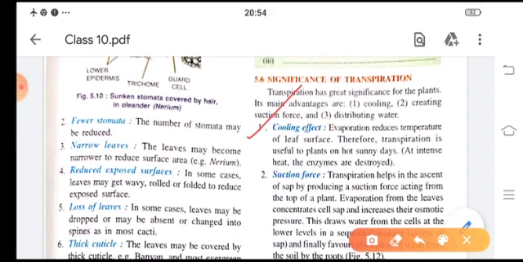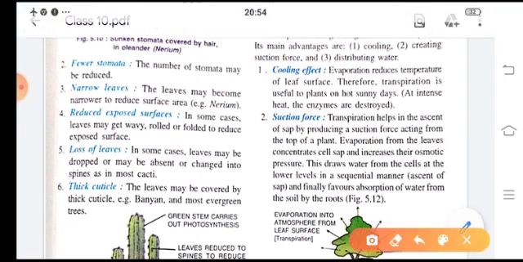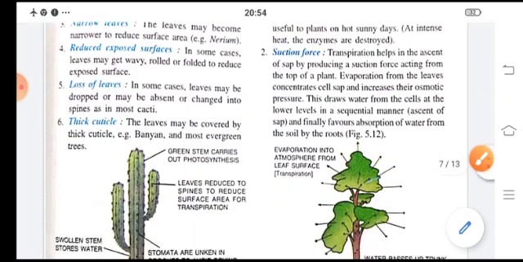This produces suction force, which makes the plant absorb more water in larger plants, or plants of great height. This draws water from the cells at the lower surface, and finally it favors absorption of water from the soil by the roots.